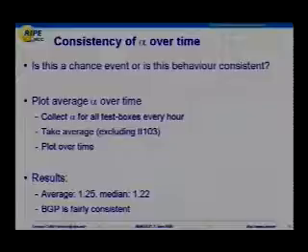Just to make sure this wasn't a chance event that happened while we were running our measurements, just to make sure we didn't get lucky, we took the average. The outlier you see here is TT103. I'll explain later why that value is so high. But when we calculated the average over time, we excluded this box.